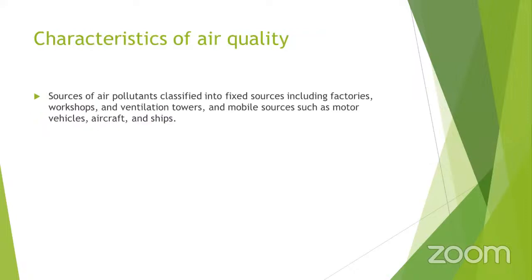The characteristics of air quality. Different sources of air pollutants are classified into fixed sources, including industries, factories, manufacturing units, engineering workshops and ventilation towers, and mobile sources: motor vehicles, aircraft and ships.